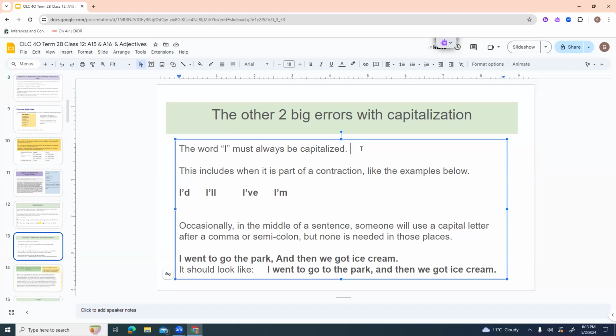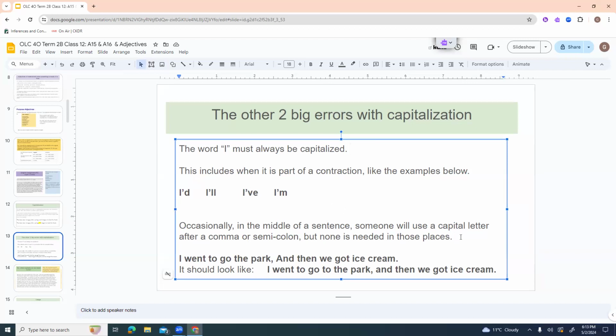And this includes when it's part of a contraction. Sometimes people will remember it for the I when it's alone, but they're not sure about it when it's part of a contraction. But it's still the same thing because you're still talking about yourself and you still have a name. And again, we use capitals to show names. So things like I'd, I'll, I've, I'm, you can see it's got the capital I for each one of those.